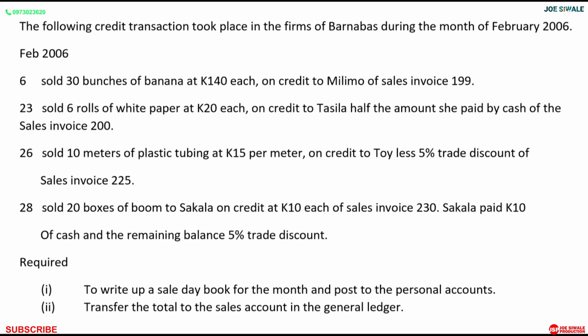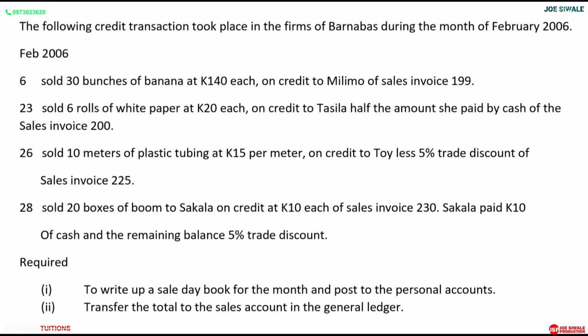And when we find out the total there, we have been told that Siwale paid 10 kwacha of cash, and we know that we don't record cash transactions in the sales daybook. That means that we're going to say 200 minus 10, and we're going to have 190. And we have been told that on the remaining balance we have to charge 5%. So we are going to say 190 multiplied by 5%, and 5% of 190 is 9.5.